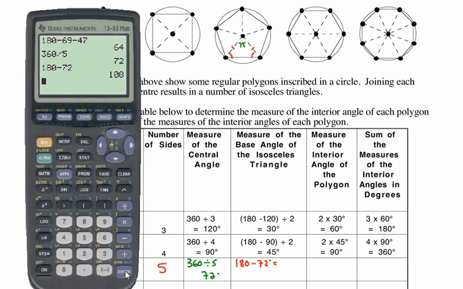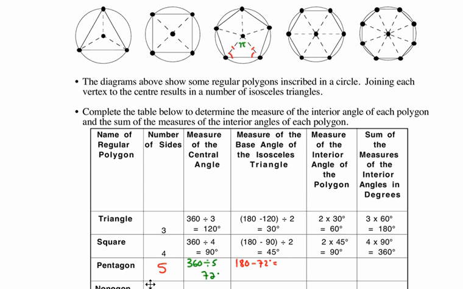Now 108 degrees is the sum of those two, and if they're equal, we can divide that by 2, giving 54 degrees each. So 180 minus 72 divided by 2 gives us a 54-degree angle. So each one of those little angles here is 54 degrees.